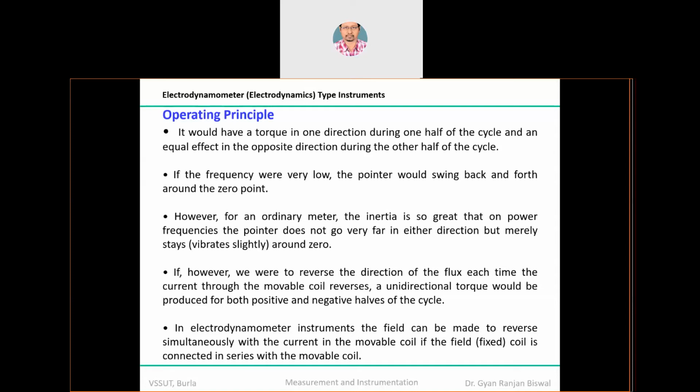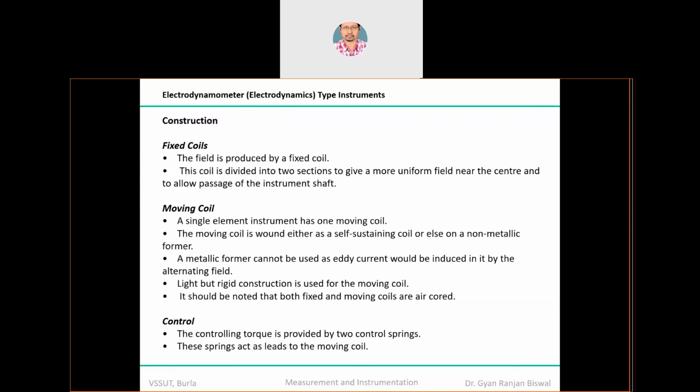So by applying a movable coil within the two fixed coils, called the field coil, sometimes connected in series, you can manage the movement of the pointer by applying the torque in a particular direction, either forward or reverse.